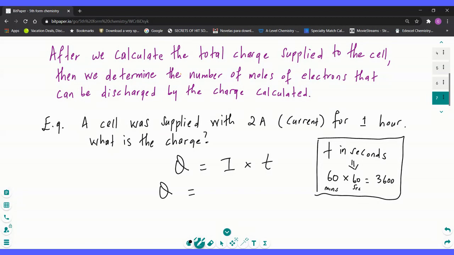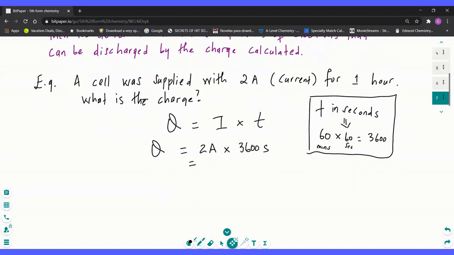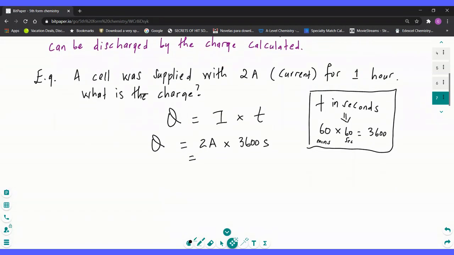Now that we have done that calculation to the side, let us work out the charge. They told us our current was 2 amperes, and now we know our time was 3,600 seconds. Anybody at home?